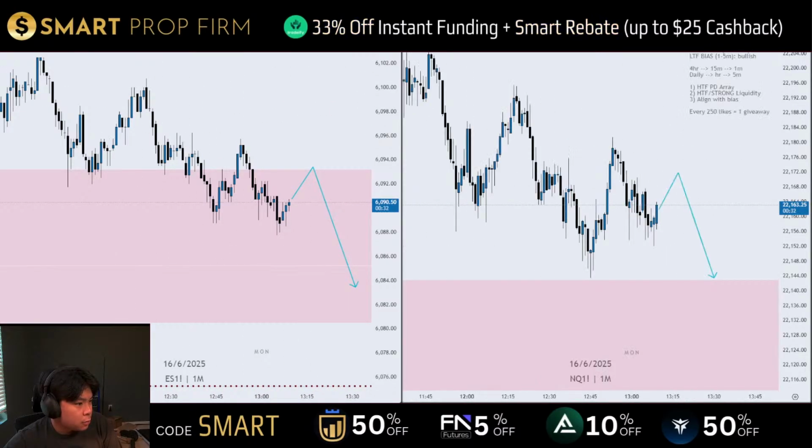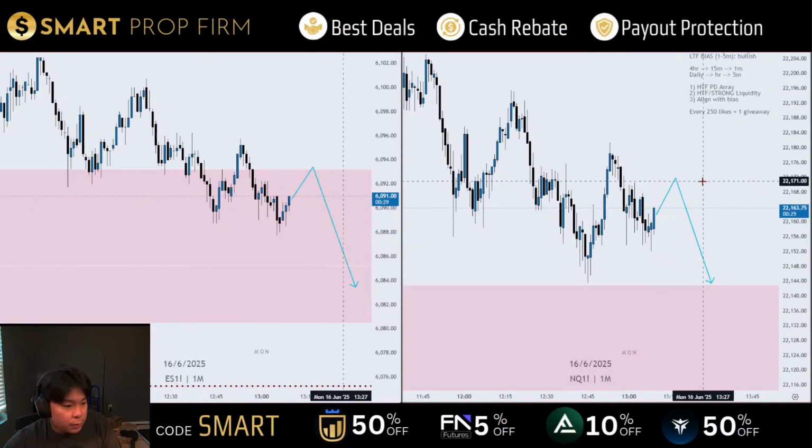I'm watching this. I think this retrace is good before a short coming up here.